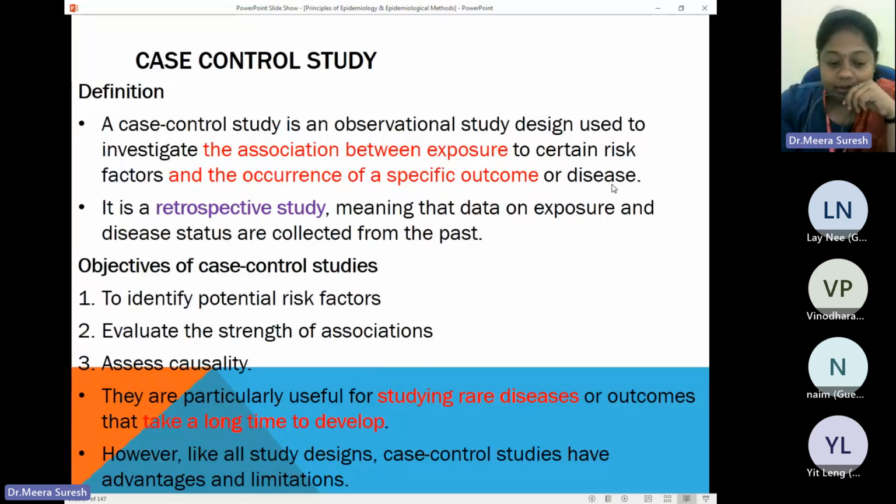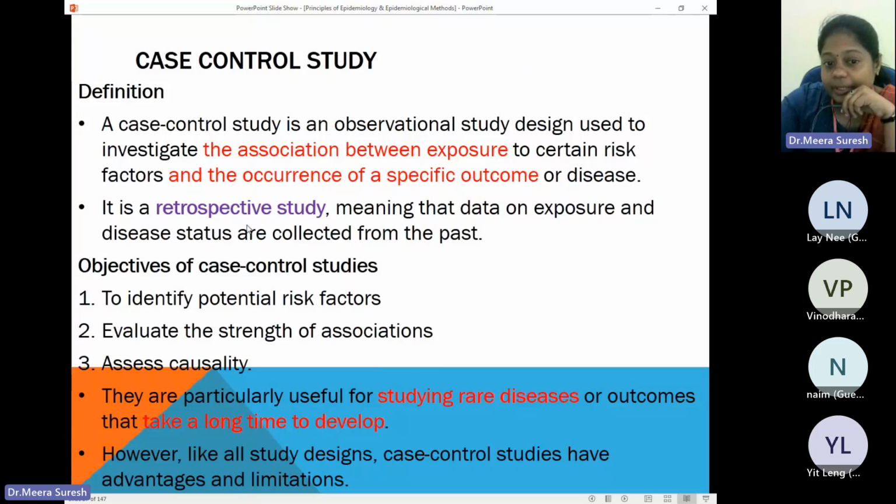You read that somewhere, and now being a researcher, you want to know whether exposure to smoking, that is smoking becomes an exposure factor, is related to lung cancer. So you are going to learn whether there is an association of the exposure and any outcome.